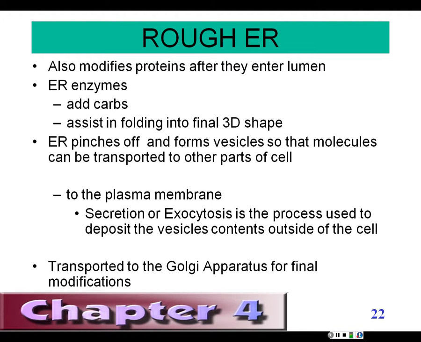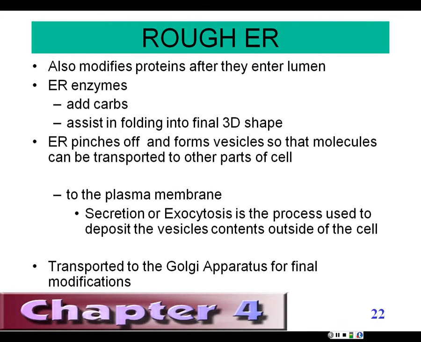All right. Most of the things that come from the endoplasmic reticulum need further modification. So especially the protein molecules are going to be transported out to Golgi. And Golgi is going to do the processing of the protein.